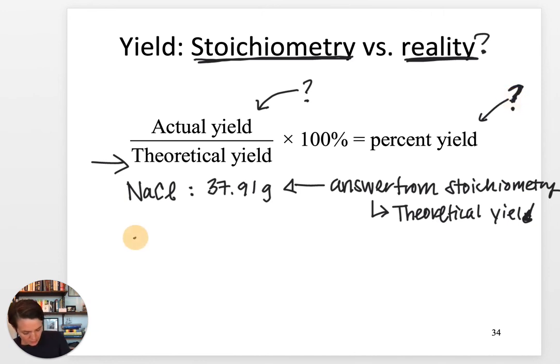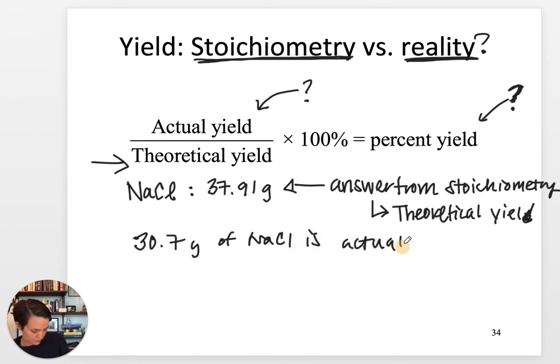So let's say in our problem we say that after the reaction runs its course, 30.7 grams of NaCl is actually produced. So this would be our actual yield.